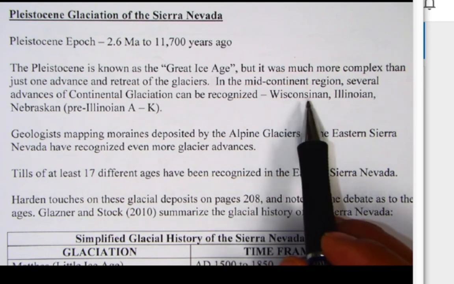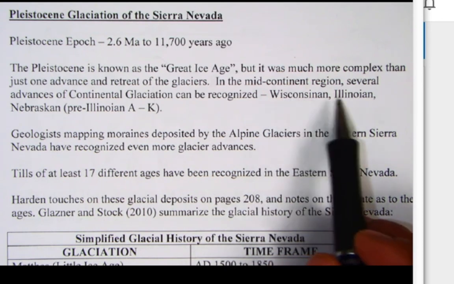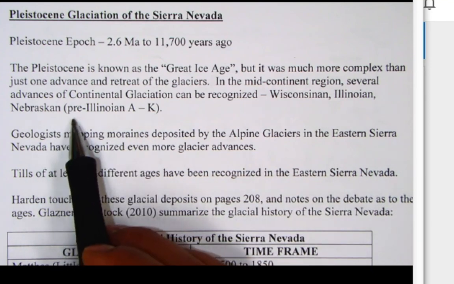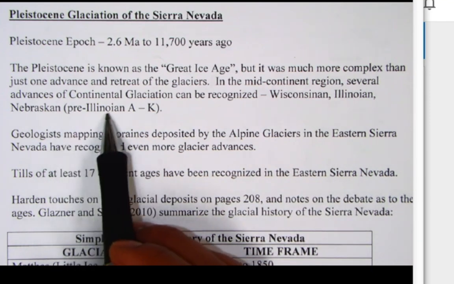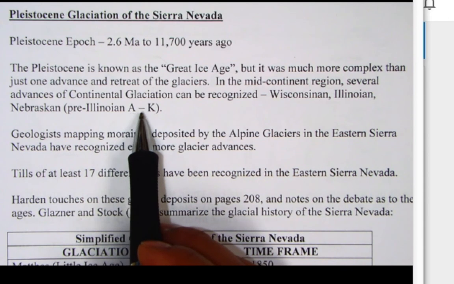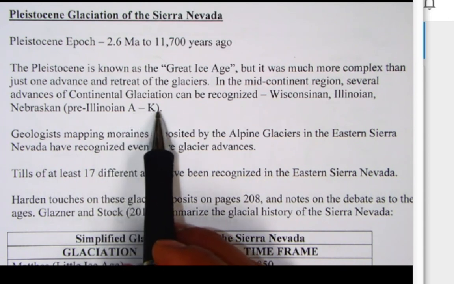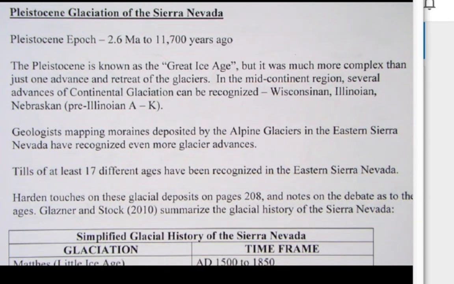Before that, there's the Illinoisan, and the Nebraskan, which is really known as a pre-Illinoisan, and there are several advances and retreats, A through letter K. Quite a bit of detail can be worked out from the glacial deposits found in Iowa, Kansas, Illinois, and Canada to work out these ages. But the key thing is that the Pleistocene epoch wasn't entirely glacial ice.